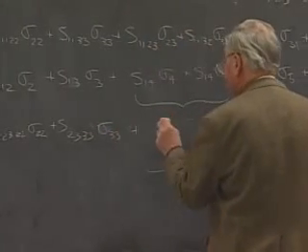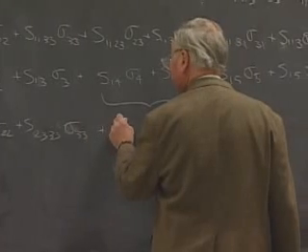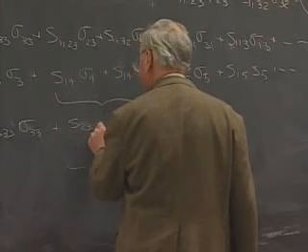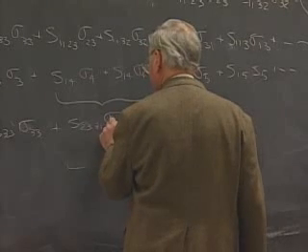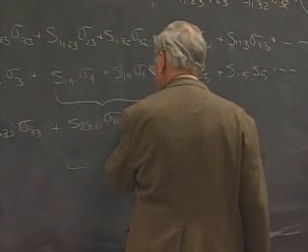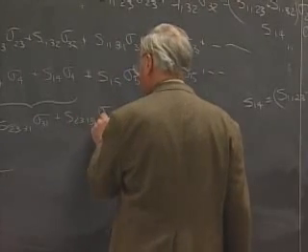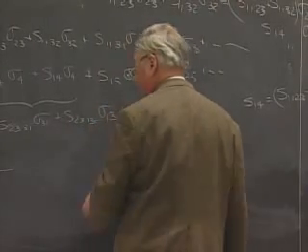And then we'll have these off-diagonal terms, S2331 sigma 31, plus S2313 times sigma 13, and so on, other terms.